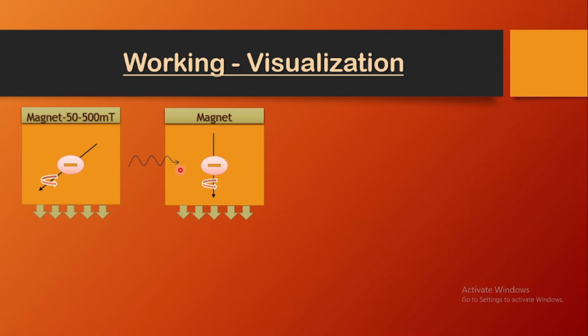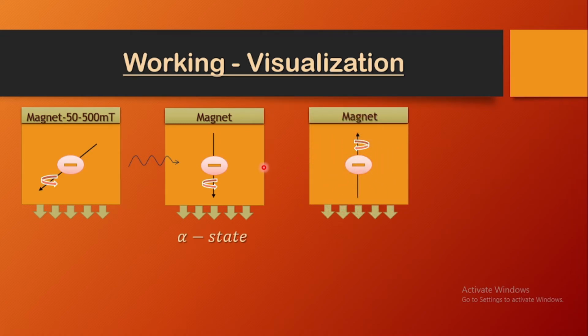So when the electron interacts with this photon, the energy of the photon will be absorbed by the electron, and due to the absorption, the spin of the electron will be flipped. That is, earlier it was in the direction of the magnetic field. After absorbing the energy from the photon, it will change its direction to the opposite. That is, now the direction of the magnetic field and the electron spin are going to be opposite.